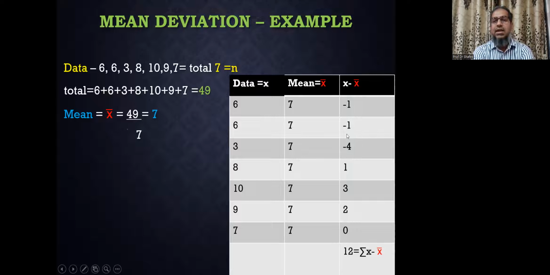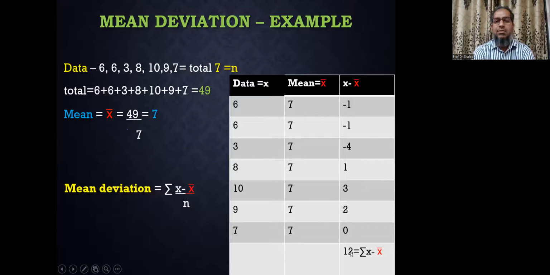Here you can see the differences are negative, but we need to take them as positive only. Then 8 minus 7 is 1, 10 minus 7 is 3. Likewise, we got these differences. Now we have to take the summation of all the differences of the observations from the mean.